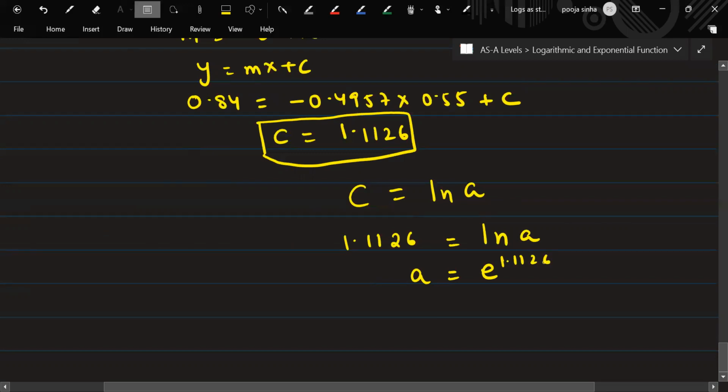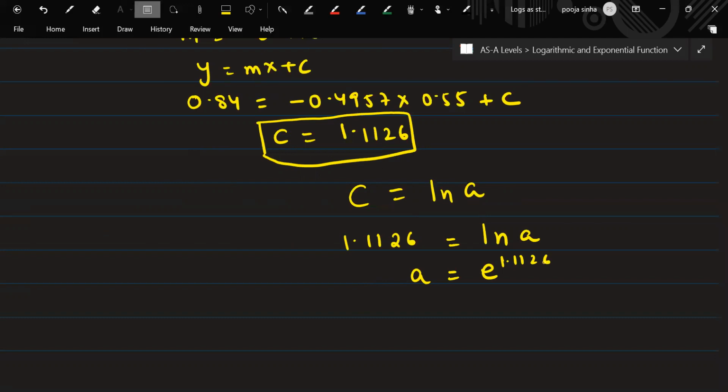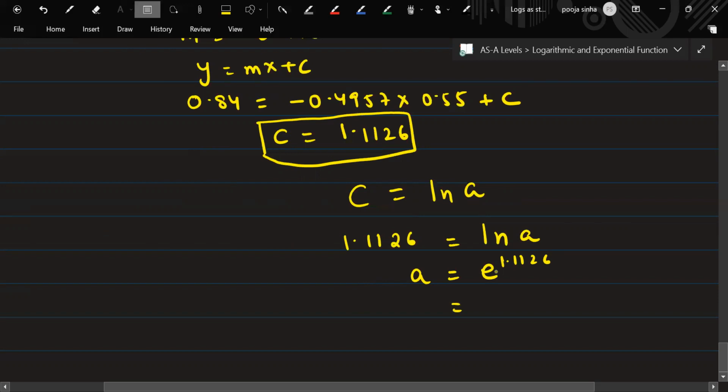And you know what is e, you just need to put it in the calculator. You get the answer as 3.04. Clear hua?